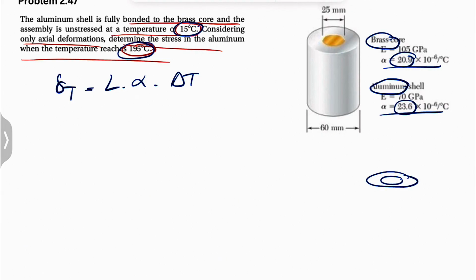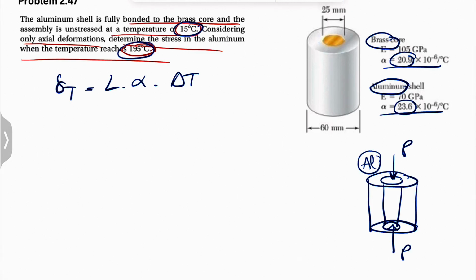So the aluminum is going to experience the compression force from the brass, because aluminum wants to expand more, but the brass is restricting that, and also the brass is going to experience the same force in the opposite direction, which means the brass is actually in tension and aluminum in compression.